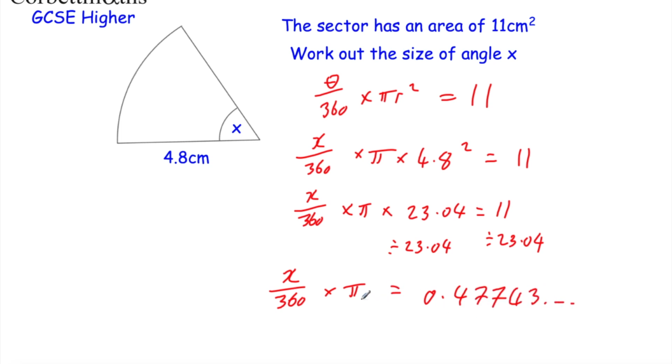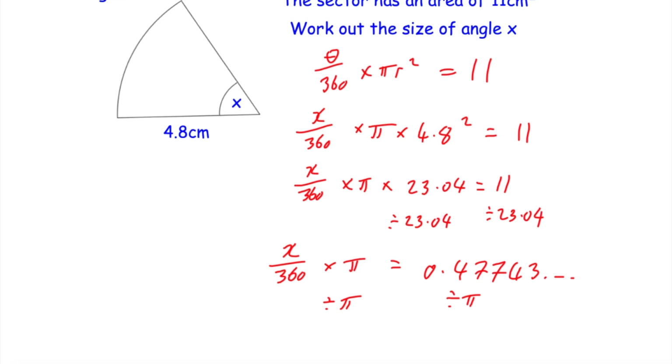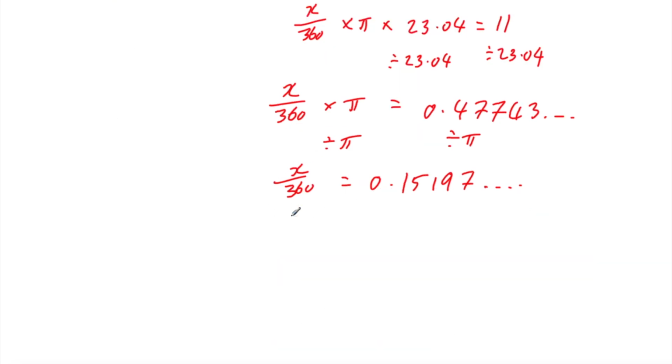I'm going to keep that on my calculator display, because now I want to get rid of the pi, so I'm going to divide by pi on both sides. On the left-hand side we'll just be left with x over 360, because we've divided by pi to get rid of the times by pi, and on the right-hand side we'll be left with 0.15197, and so on.